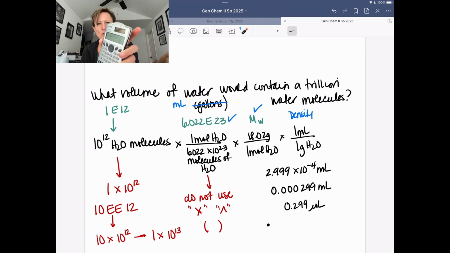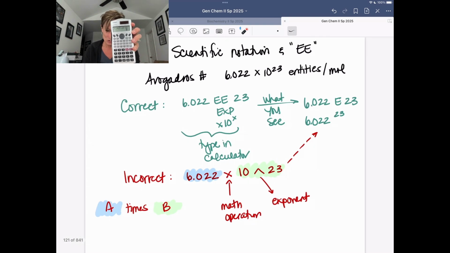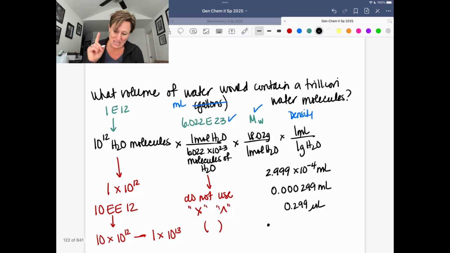You can't see everything here, but I entered Avogadro's number the way I told you not to. This is going to give me an answer of 2.99 times 10 to the 35th milliliters if you did this incorrectly.